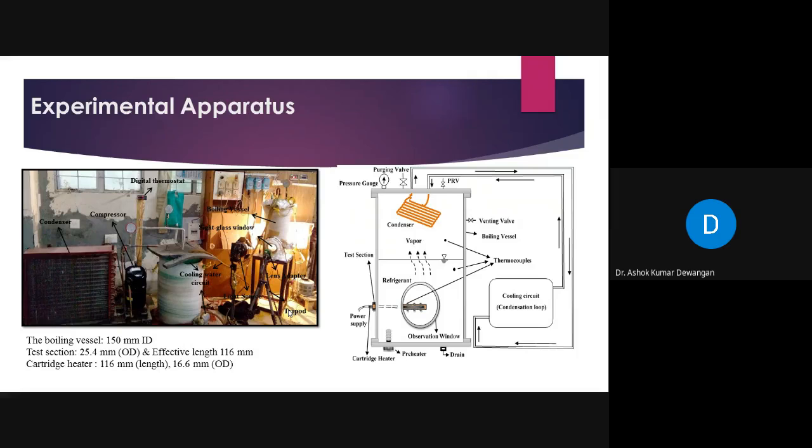This camera can capture a maximum of 1000 frames per second at full resolution with a shutter speed of 1 by 9600 seconds. And a lens is also used to magnify the area of interest and work at close distance from the surface.